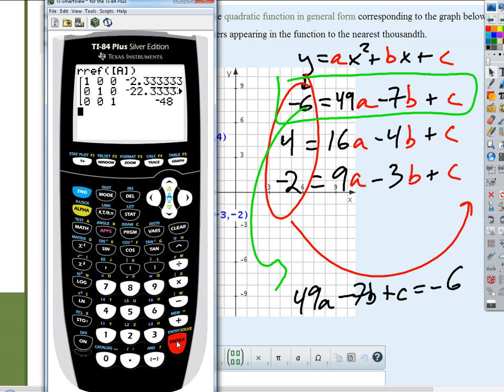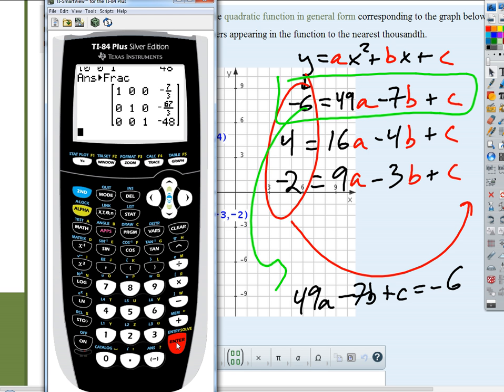But instead of being in decimal form, which it turns out we didn't actually put the data in for this one. If I had put the data in, I would have gotten decimal coefficients. If we needed exact coefficients, I can just go math, convert to fraction, and it gives me the coefficients as exact answers. Okay? Make sense?